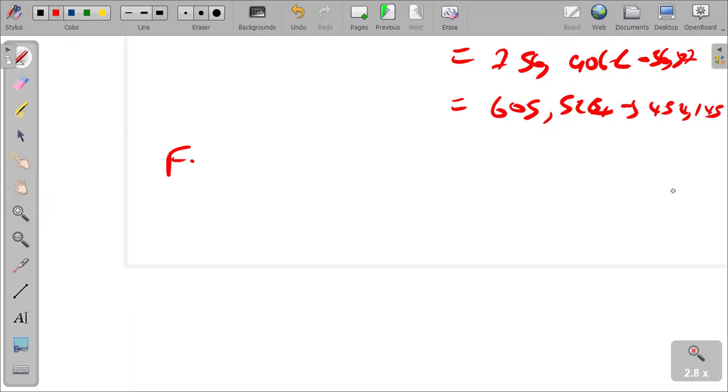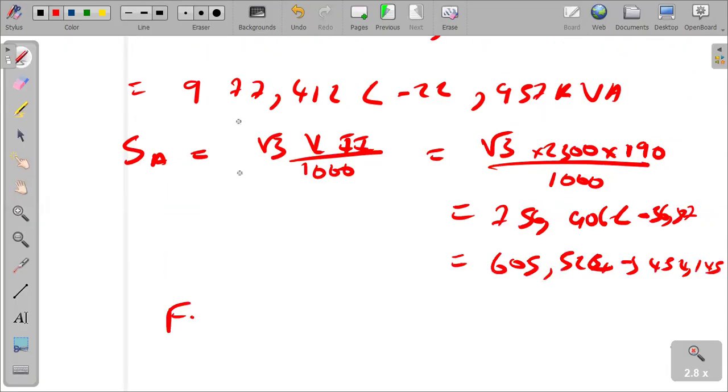That's the information we have for the first machine, so we can label this machine 1.